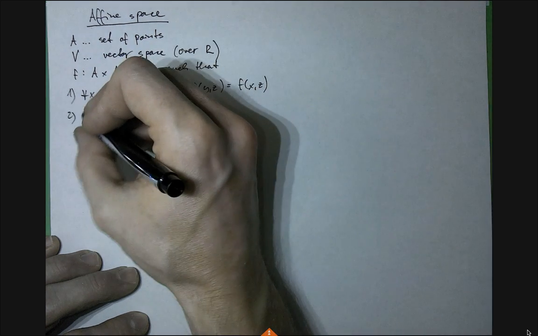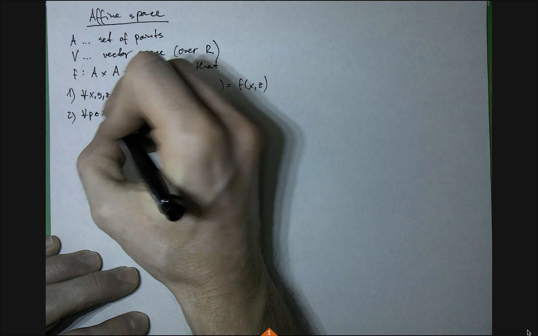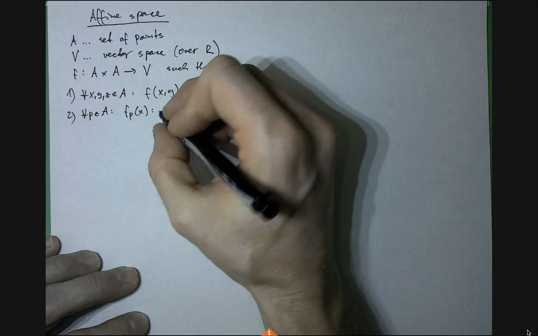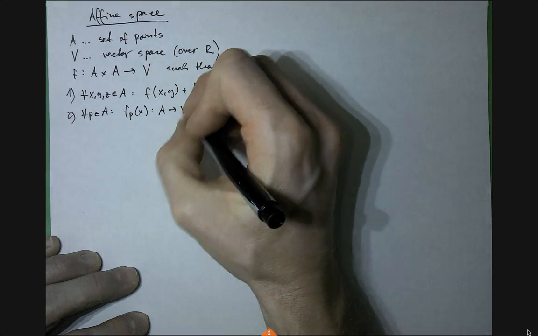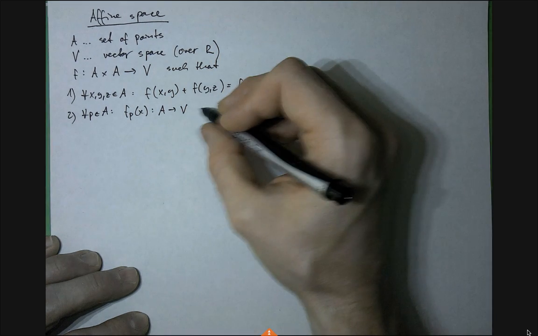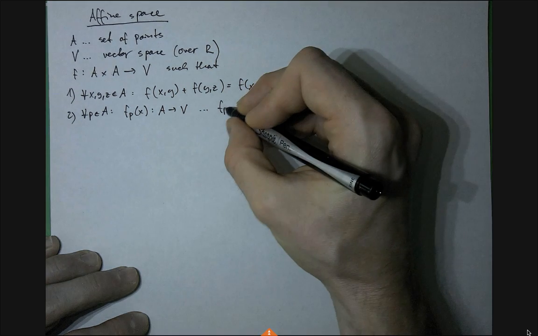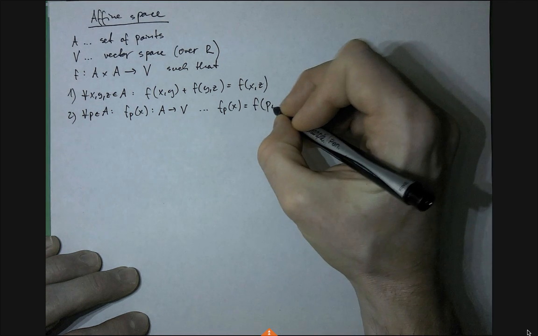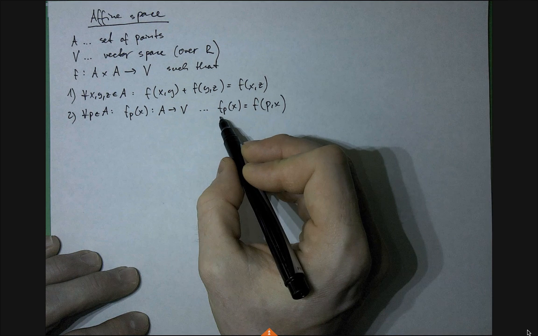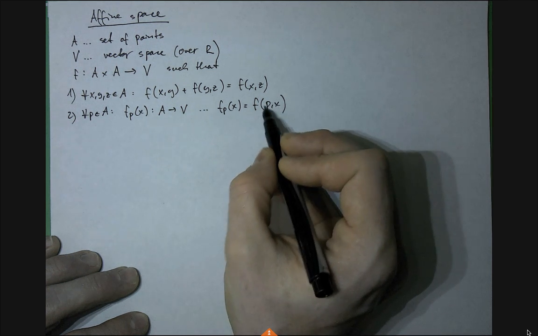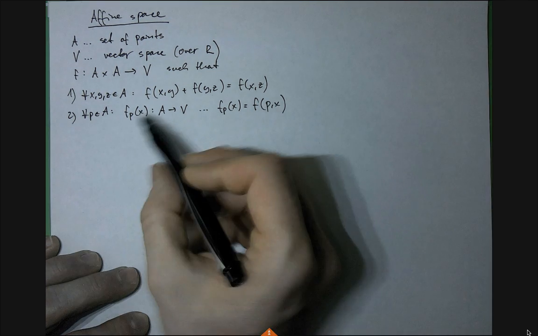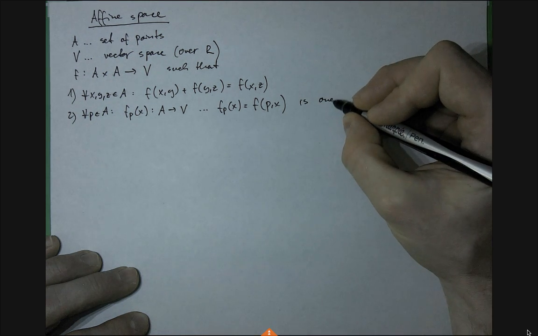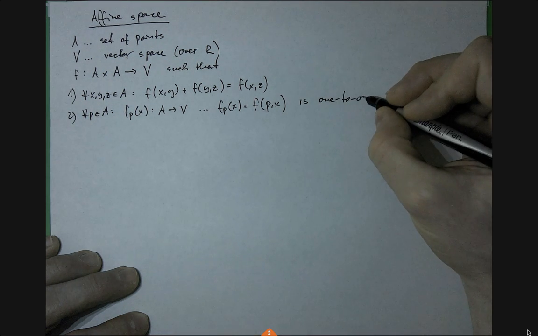And for every point p, a function defined like this, f_p(x), which is a function going from points to the vector space V. It's defined, basically, f_p means that I just fix the first parameter of the function. So f_p is like a parameterized function, which basically means I'm fixing the value of p. And then the second property says that this function is a one-to-one mapping, a bijection.